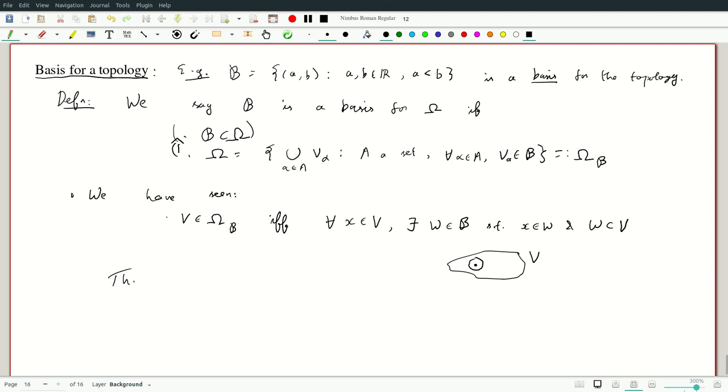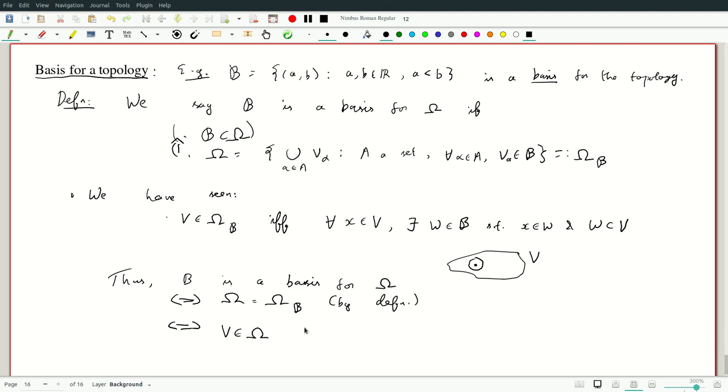And so as a conclusion, B is a basis for omega, the specific omega, which is equivalent to, by definition, omega equals omega B. But often easier to verify is the second condition because it does not involve quantifying over all collections. If you're given the description of open sets and a collection of sets which forms a basis, you want to verify that it gives you the correct topology.